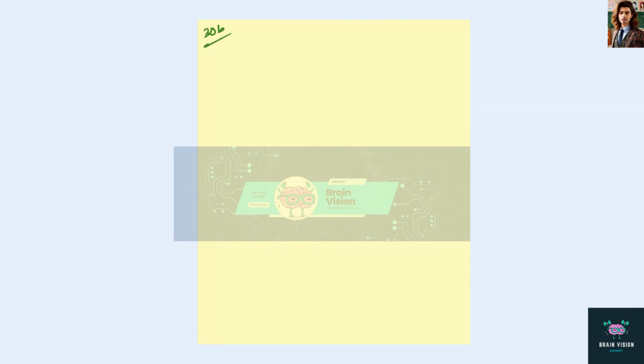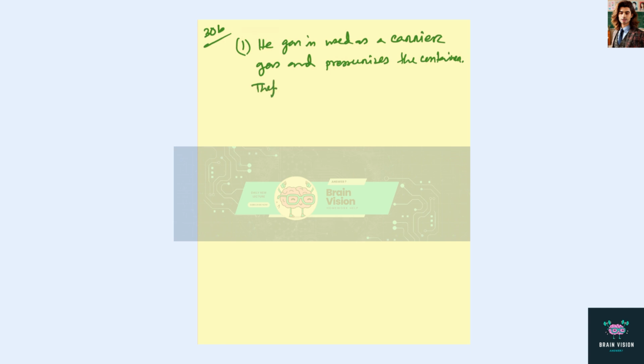The engineer adds helium to the container after collecting the room air sample because for the gas chromatograph, helium gas is used as a carrier gas, and it pressurizes the container. Therefore, the required gas will flow into the sample chamber of the gas chromatograph.